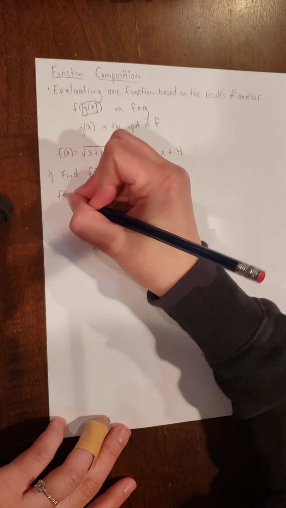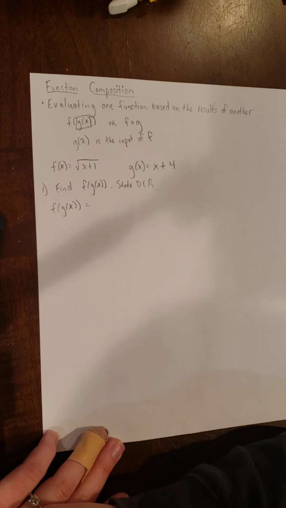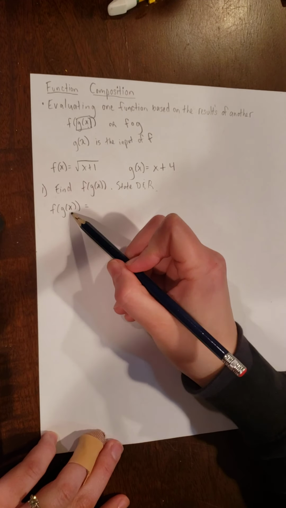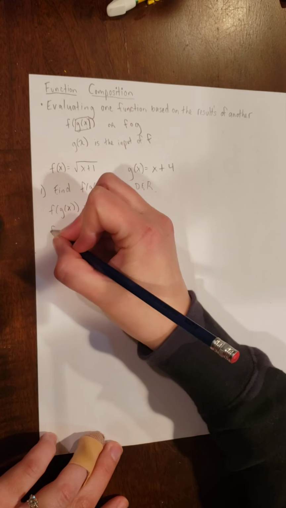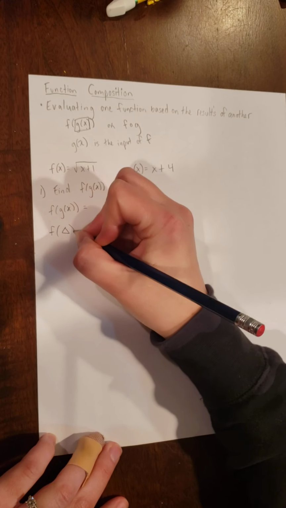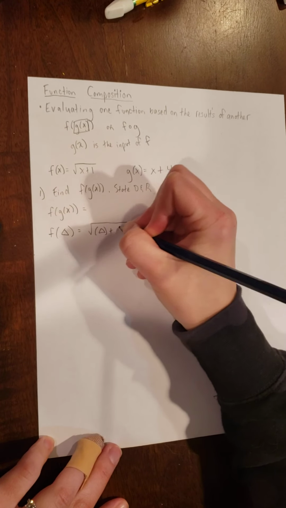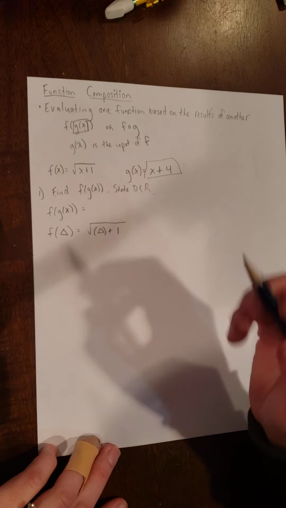So when we do f of g of x, when we make our new function, we have to stick function g into f. If this just said f of triangle, this would be the square root of triangle plus 1. But triangle is function g.